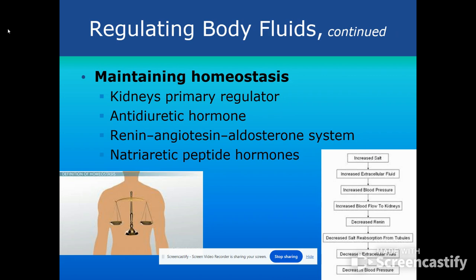This assists in maintaining blood pressure and intravascular fluid status within the body. Aldosterone is then released, which promotes sodium and water reabsorption. So aldosterone is going to keep the sodium and water balance straight within your body. And then the natriuretic peptide hormones are released in the wall of the atrium.